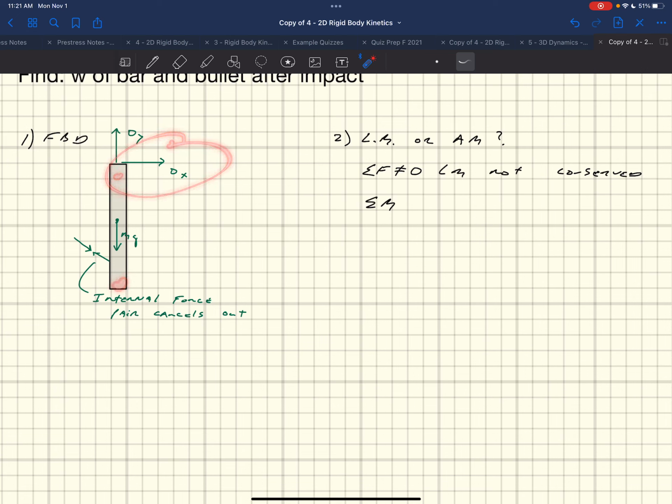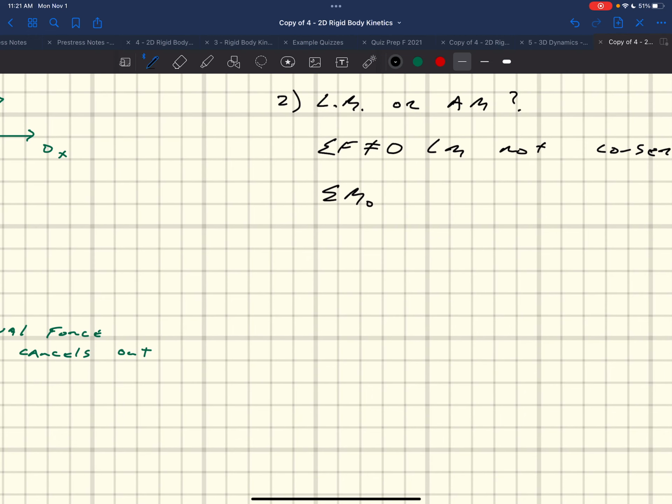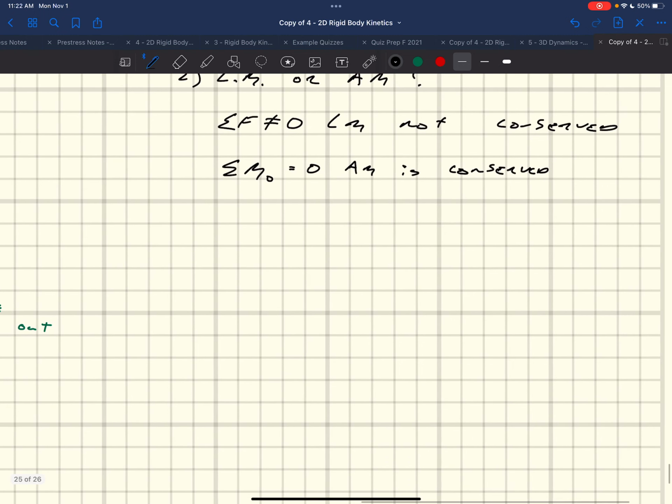So the only place is the sum of the moments about O. So in this case, we found a point O where the sum of the moments is equal to 0, so then angular momentum is conserved. And keep going about O.